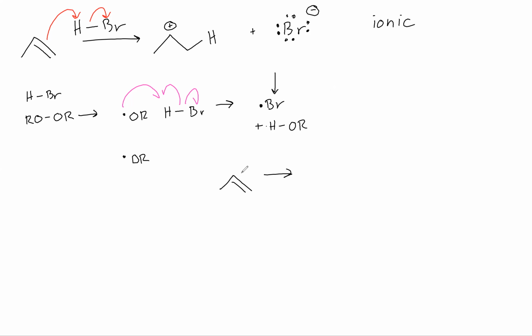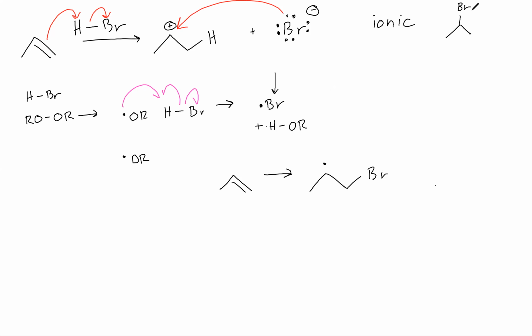This means it's going to want to form the more stable radical. Thus, it's going to add to the same place that the hydrogen did when we did ionic addition. Okay? All right, and when we finish out ionic addition, the bromine attacks that positive carbon, and we end up with Markovnikov addition.